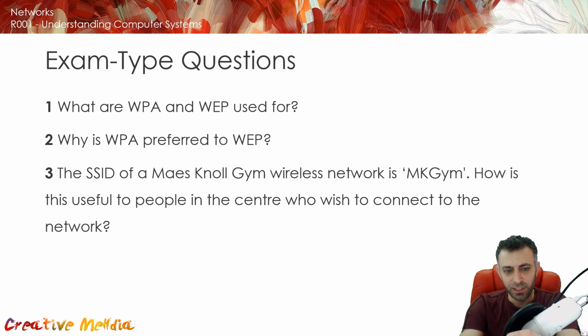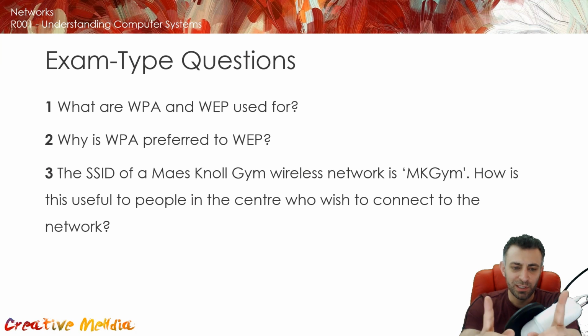Right, last one. The SSID of a Maes Knoll gym wireless network is set to MK gym. How is this useful to people in the center? So this would be the gym members coming into the gym, and they go on their phone, it says MK gym, they click. How is that useful for the member who wishes to connect to a network?